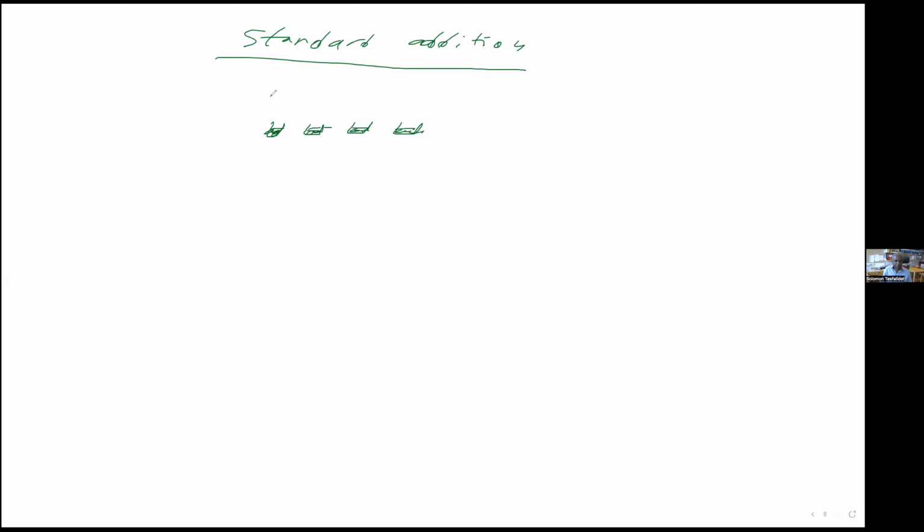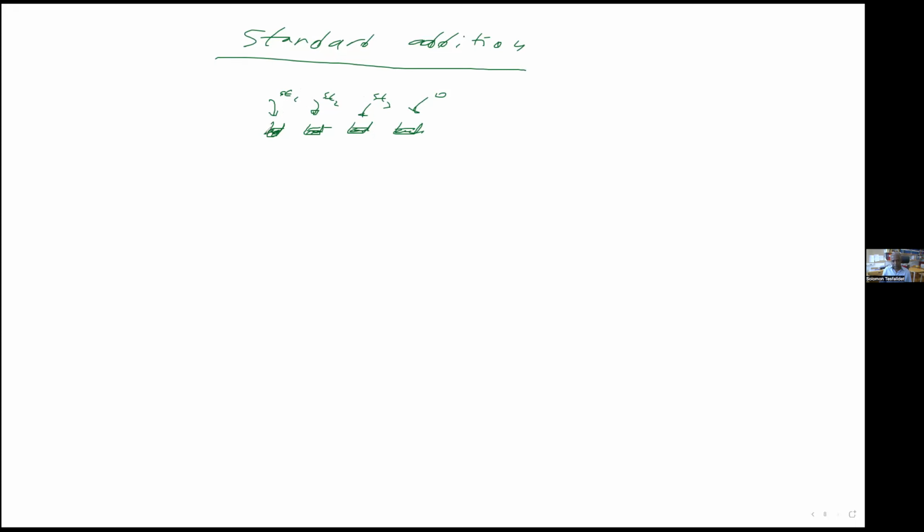So we add to the sample spikes: standard 1, standard 2, standard 3. And then here we don't add anything, it's 0. Let's assume that we are adding 10 microliters of increasing concentrations of some aluminum, for example, aluminum in baby food.